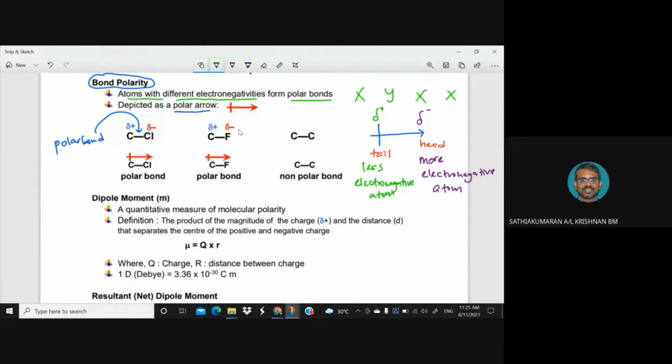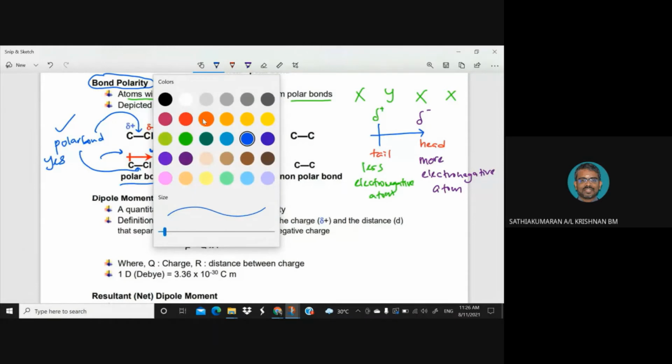Now let us draw the polar arrow for this molecule. You can see the tail at carbon, because carbon is less electronegative, and the head at chlorine, because chlorine is more electronegative. If you can draw a polar arrow, the bond is a polar bond.